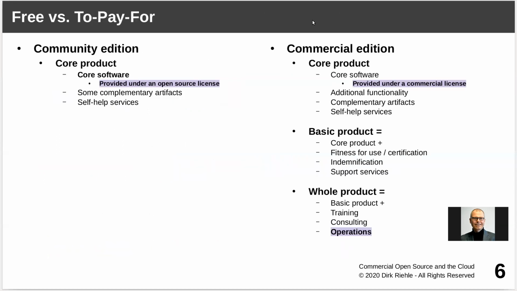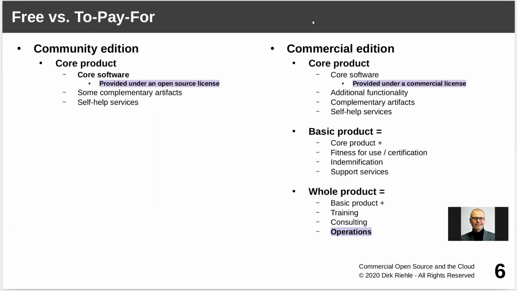If you are thinking about a commercial open source business, you have to find out how there is a free piece of software, the open source software provided under an open source license, and how complementary to that there is a commercial product that customers pay for. On the right, you see at a high level how I explain to my students what it is that customers buy. You can see there is a lot beyond the core software that's valuable to customers and that they pay for.